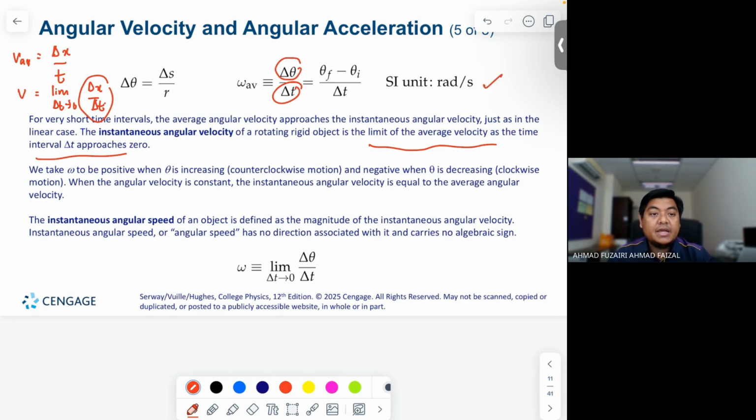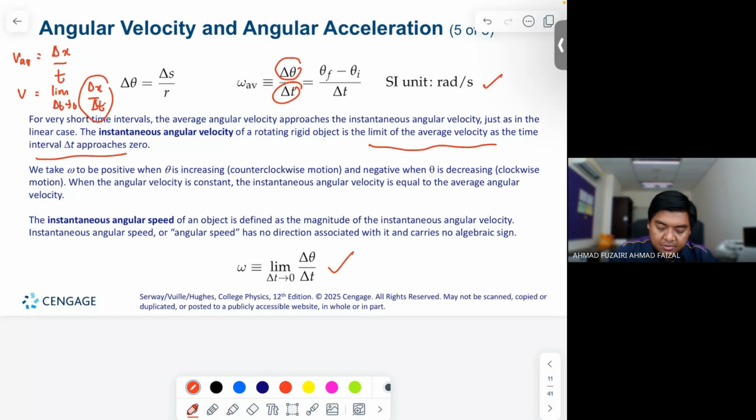If you want to find the instantaneous angular speed, we use omega as the limit of delta t approaching zero of the average angular speed. The instantaneous angular speed has no direction associated with it and carries no algebraic sign, because it is speed.